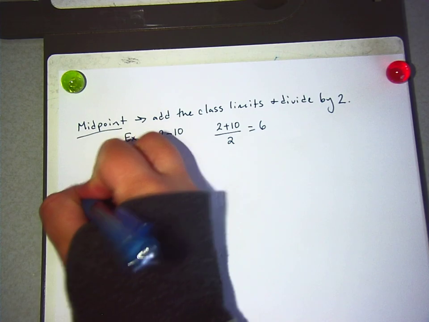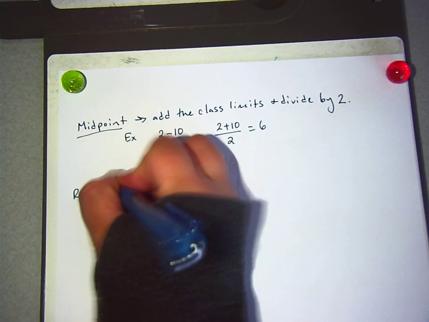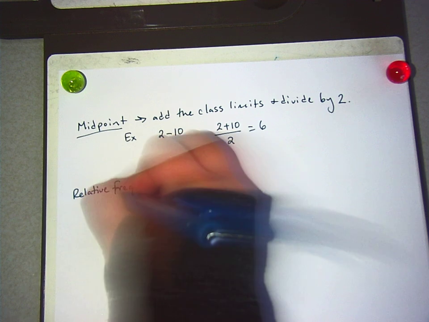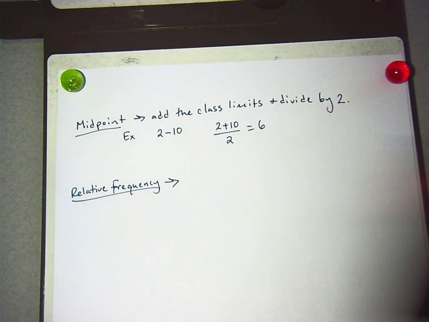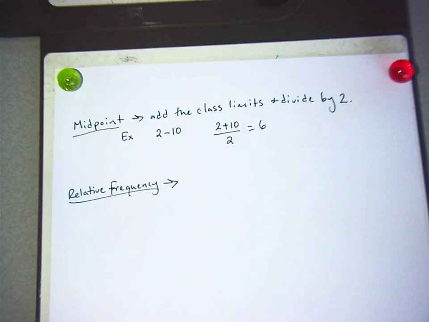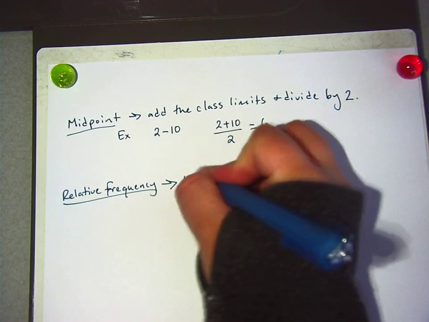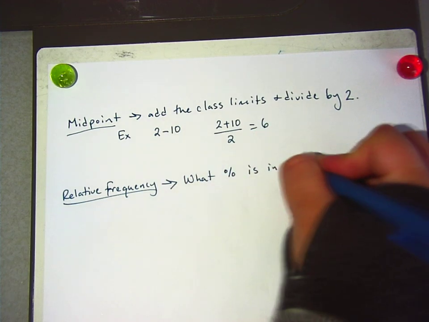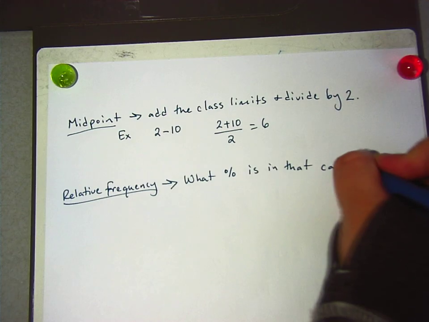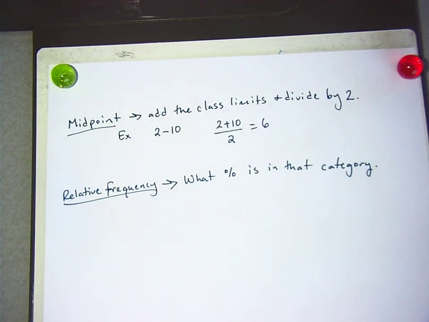Relative frequency. I'm going to write on this page, the only reason I'm on a separate page is because I ran out of room. Relative frequency is what percentage is in that category, or class.